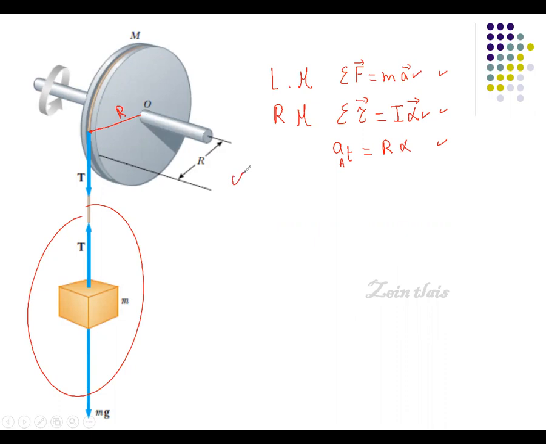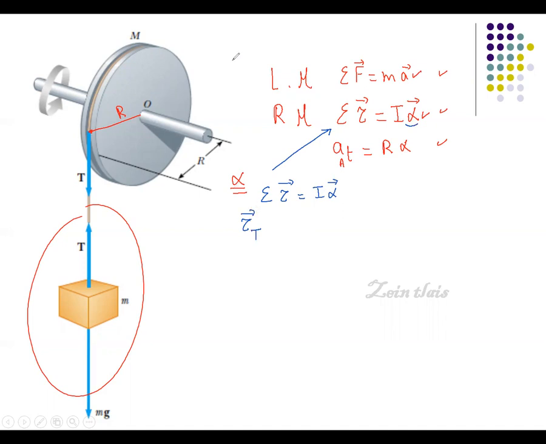First of all, I need to calculate alpha. We have to use this relation because it contains alpha. So we can say summation of tau equals I alpha. What do we have? Tau of T, the tension.